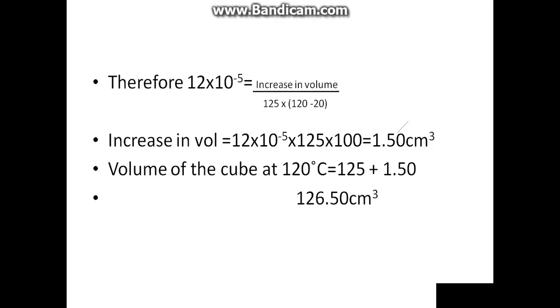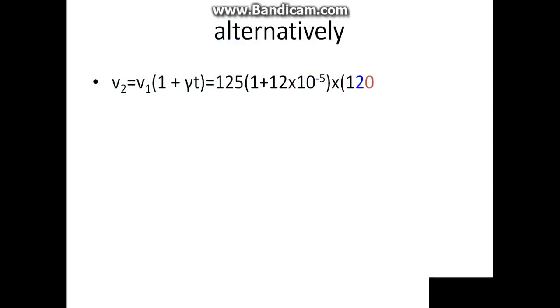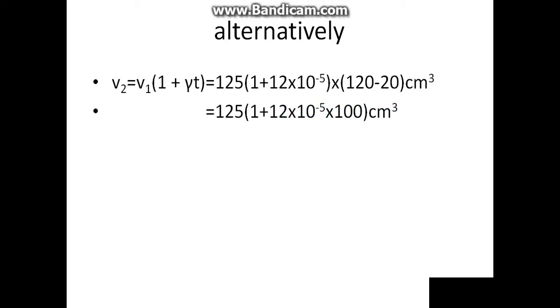V2 is equal to V1 in bracket 1 plus gamma T, which is equal to 125 in bracket 1 plus 12 times 10 raised to the power minus 5 times in bracket 120 minus 20, which is equal to 125 in bracket 1 plus 12 times 10 raised to the power minus 5 times 100 cm cube, which is also equal to 125 in bracket 1 plus 12 times 10 raised to the power minus 3 cm cube, which is equal to 125 plus 1.5 cm cube.